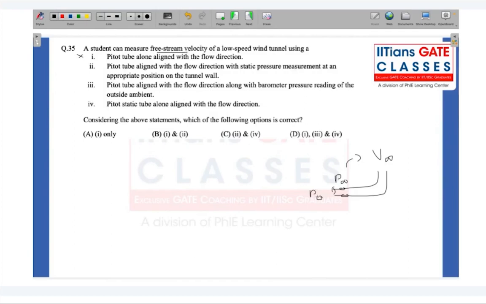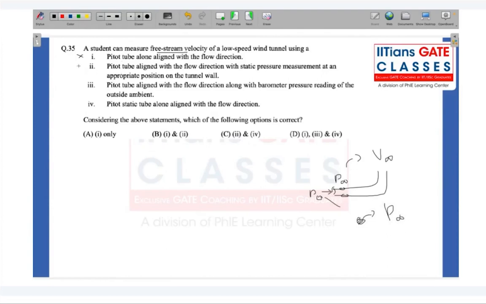So free stream velocity will be constant everywhere, right? So even if I have a pitot tube and my static probe is somewhere else, as long as it is in contact with the free stream air, it can still pick up the static pressure of my free stream air. And with this combination, I can find my V infinity.